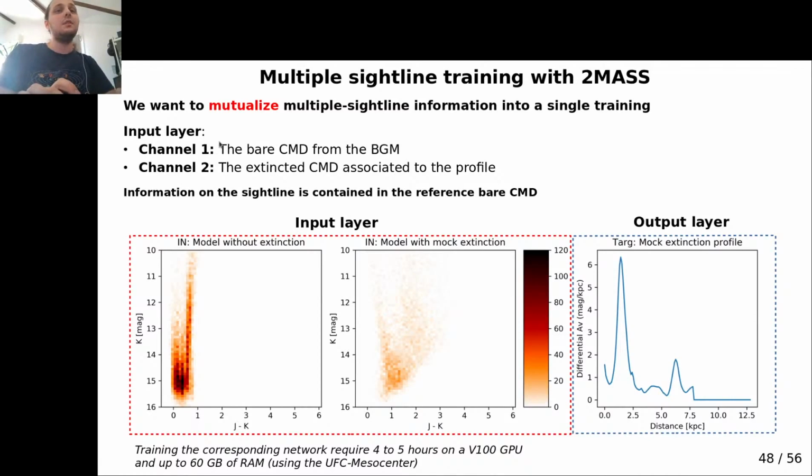This can be done by showing at the same time, for each object, both the bare CMD from the Besançon galaxy model, which encodes the reference line of sight, and the corresponding extinguished CMD. These two pieces of information are considered as features for the same extinction profile.